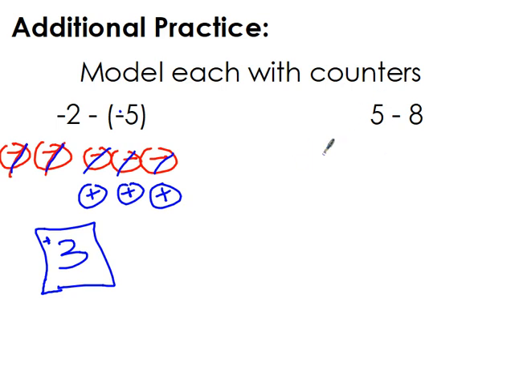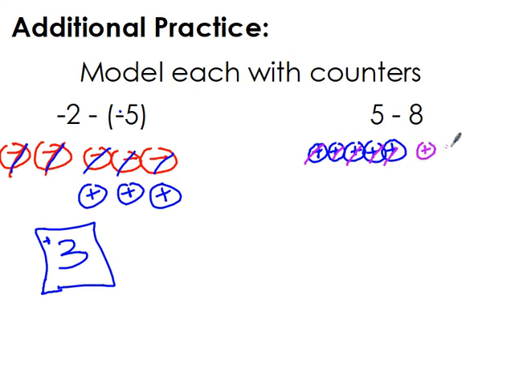Okay, so I have positive 5. I need to start with 5: 1, 2, 3, 4, 5. So I have 5 positives here, and I need to subtract 8. Let's try to take away 8. So 1, 2, 3, 4, 5. How many more do I need to take away? I'm 3 short. I still have to take away 3 more.